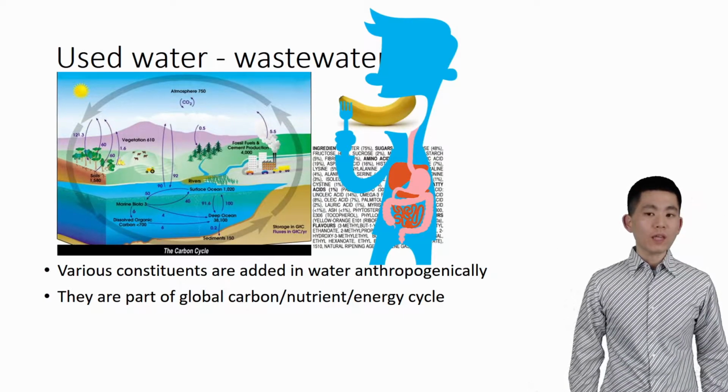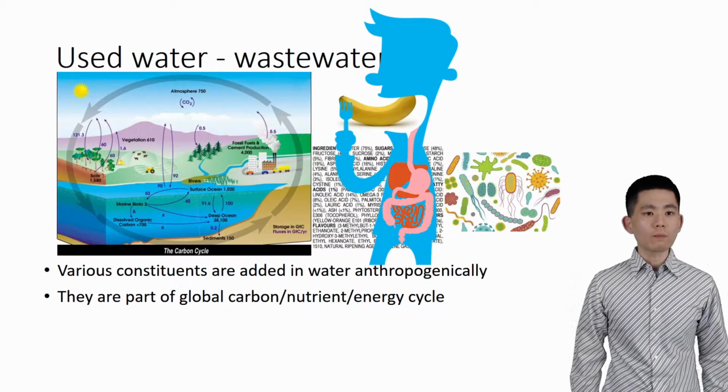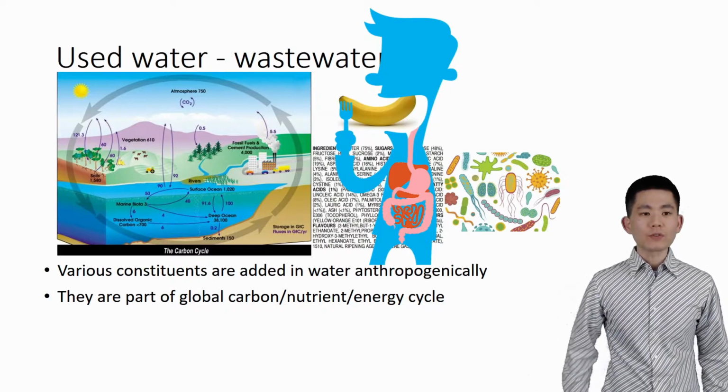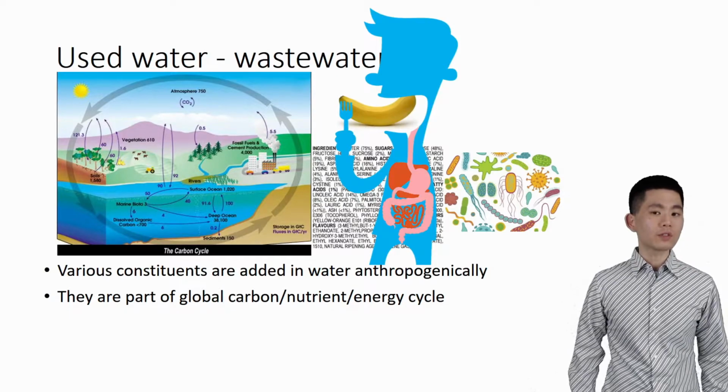The part that we cannot digest, or the part that is used by our gut microbiome, eventually also gets converted to CO2 and released to the atmosphere. The plant uses solar energy to convert CO2 into new bananas through photosynthesis. Hence, it's a full circle.